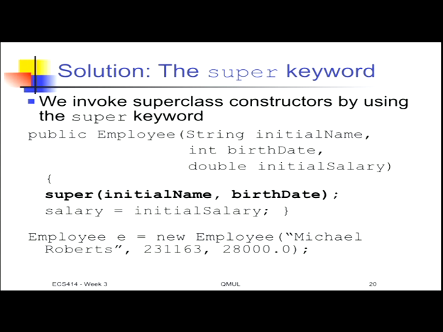Not difficult to remember, but important to remember, because otherwise we cannot initialize the instance variables for this object. So the way we do it is we have the constructor, and then we call the constructor in the superclass with super, giving the appropriate arguments, in the correct order and types.